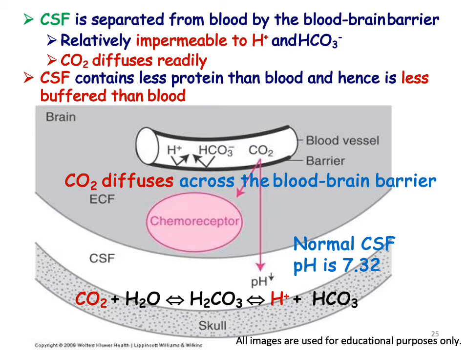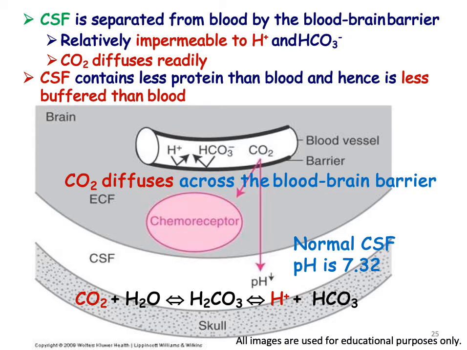The carbon dioxide in the blood vessel will diffuse across the blood-brain barrier. That will activate the chemoreceptor in the ECF, the extracellular fluid. Other carbon dioxide gas will diffuse into the CSF.